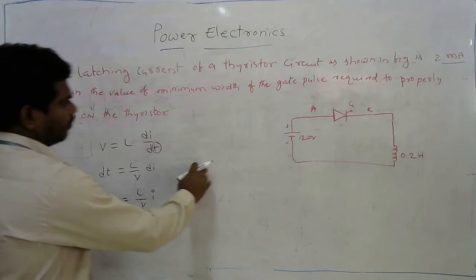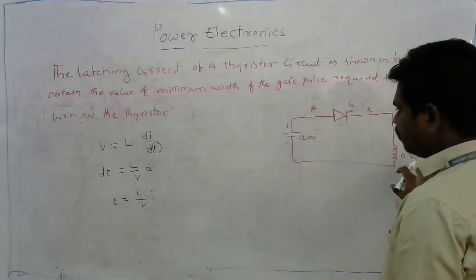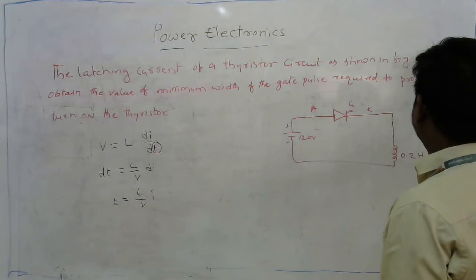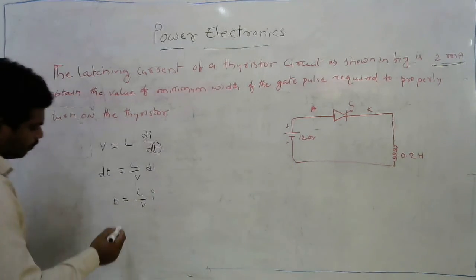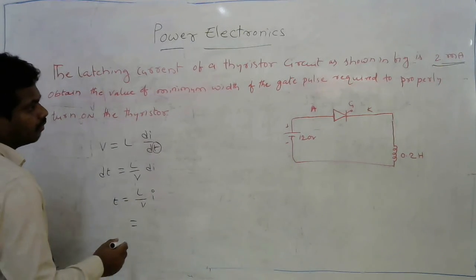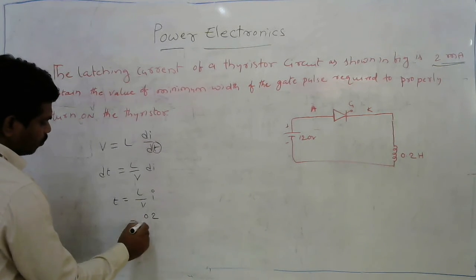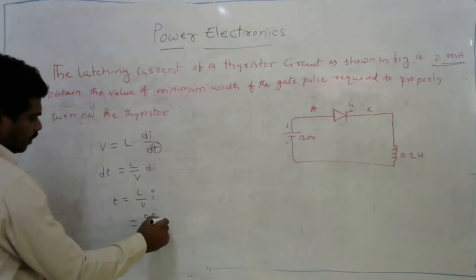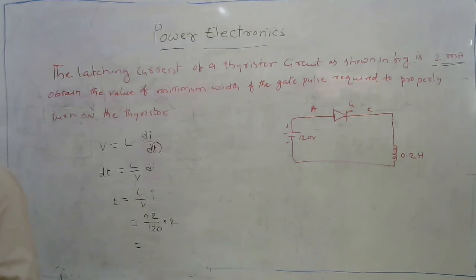Look at this, the values are given over here. L is given as 0.2, V is given as 120 volt, and I is given as 2 milliampere. Just simply substitute there. It is 0.2 upon 120 into 2.